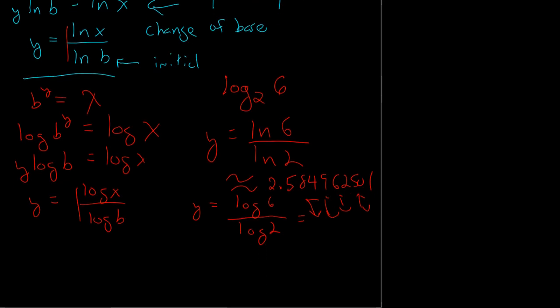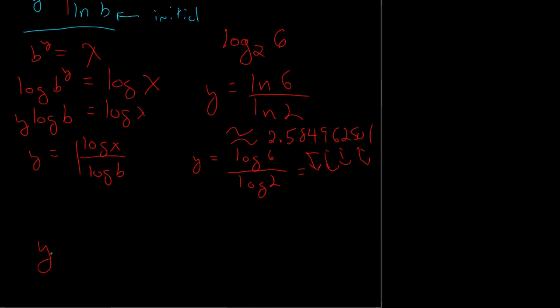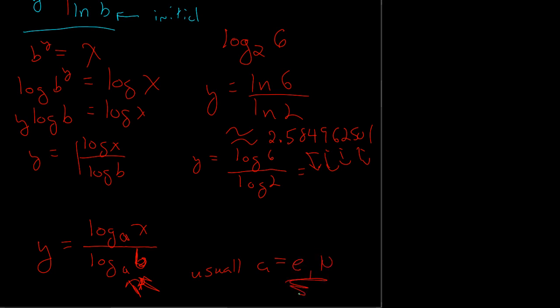Now, in general, what it says is your answer is the log, in the base that you want, of the number that you started with, divided by the log, in the base that you want, of the base that you started with. And the a is your option. Usually a is equal to e or 10 because those are the keys calculators have. Those are the common tables that everyone uses. So notice we have created a formula for ourselves.